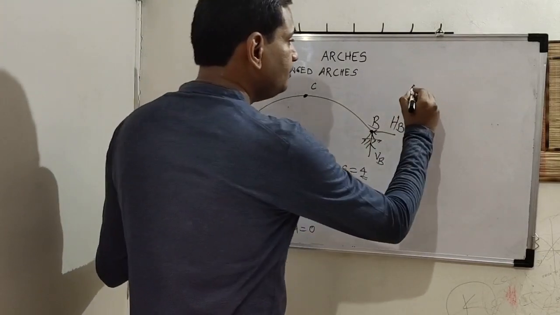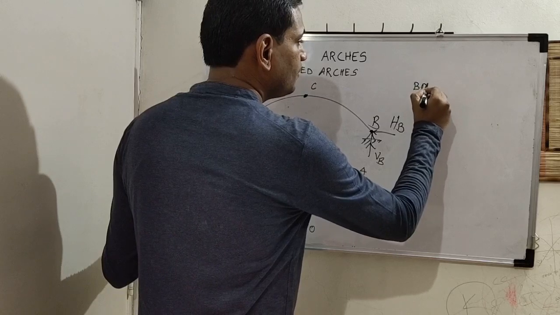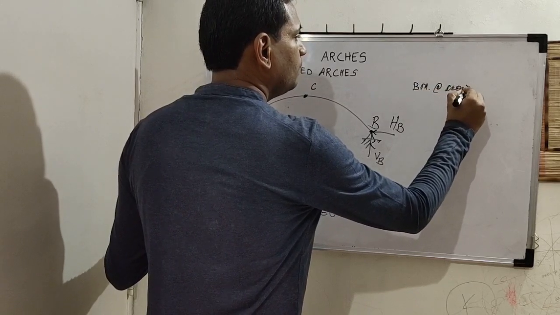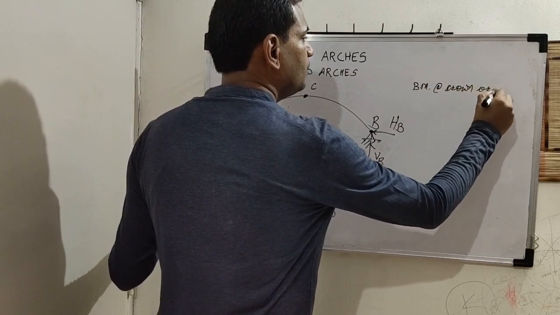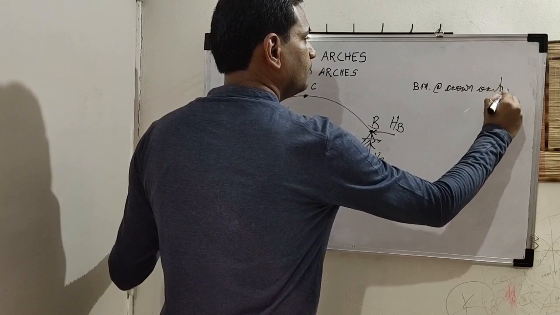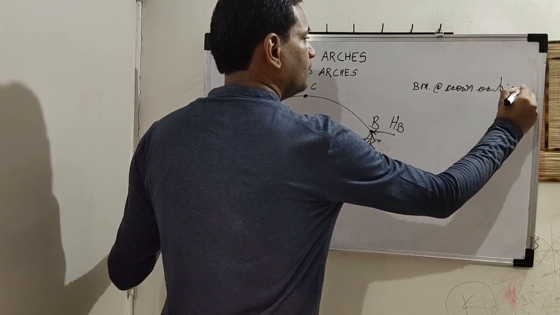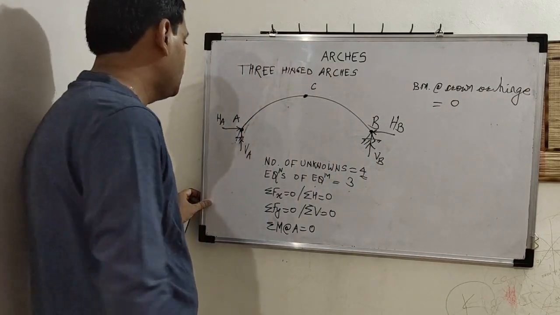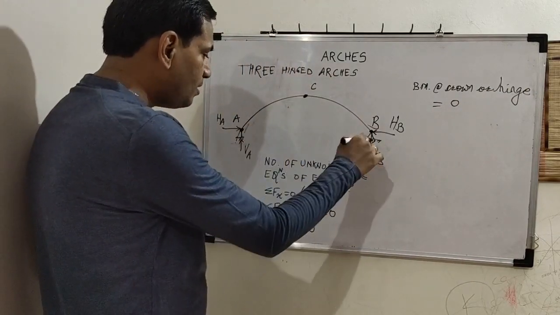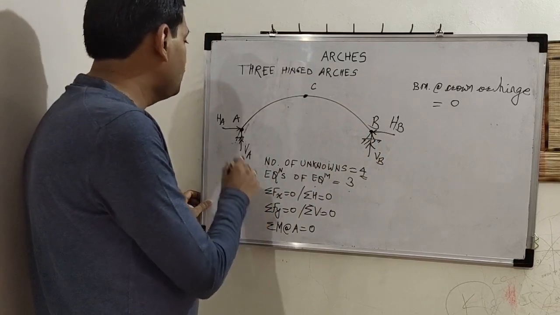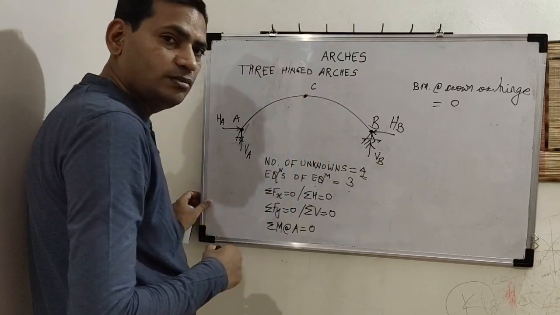That is bending moment at crown or hinge is equal to 0. It means you will consider the complete diagram, you will apply the equations one by one and you will get some unknowns.